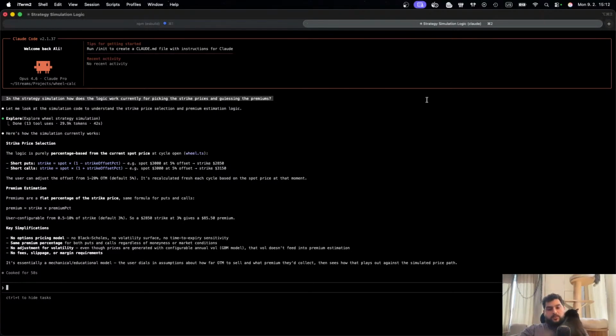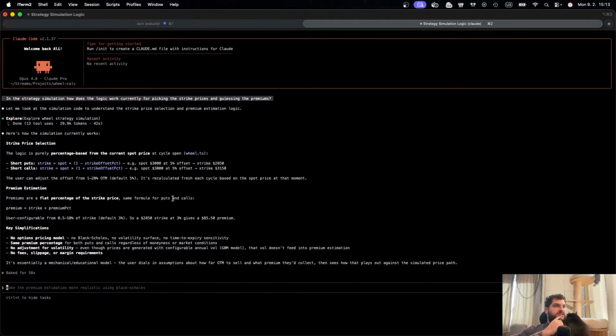Okay, so let's take a look. Here's how the simulation currently works. Strike price selection: the logic is purely percentage based from the current spot price at the cycle open. Short puts use the same strike offset, with the difference that for puts it goes down and for calls it goes up above the current price.